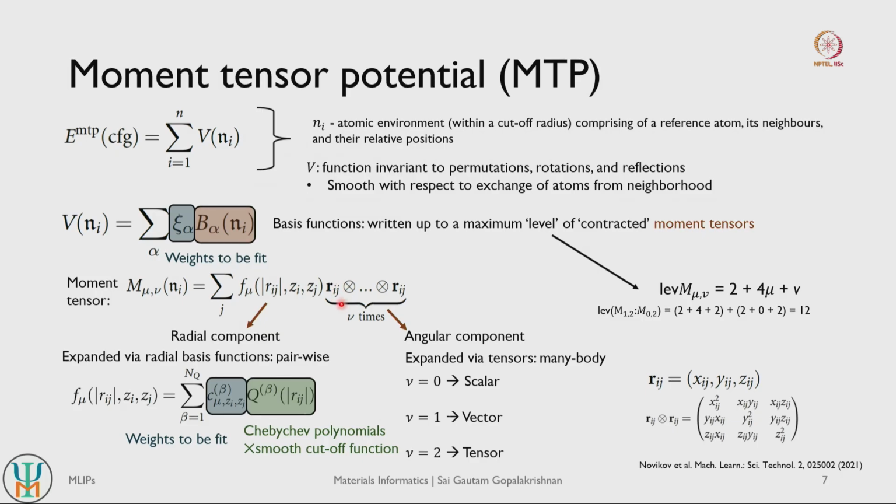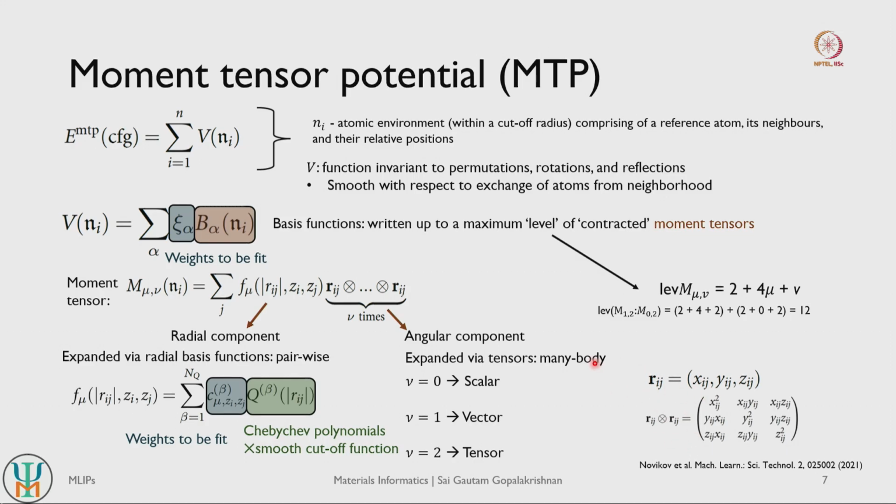Rij is your vector, so it has Xij, Yij and Zij. If you take the outer product, the Frobenius product, you get a tensor, and these tensors encode angular information. If you do Rij and Rik, for example, you can now encode 3 body interactions.